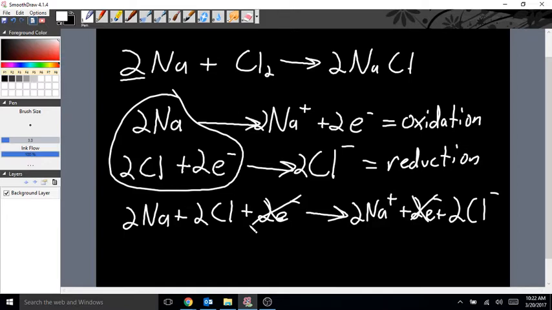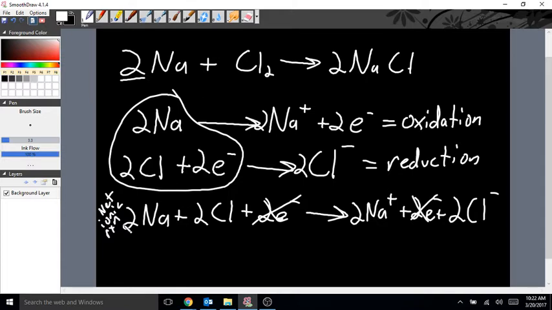So this is the combination of our oxidation and reduction steps. However, we can leave it here because essentially this is occurring in water. So it's all dissolved in water where we know our ions stay separated. So this part right here would be our net ionic equation or reaction.